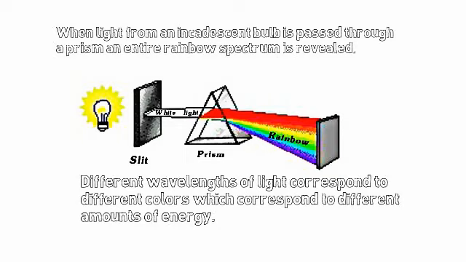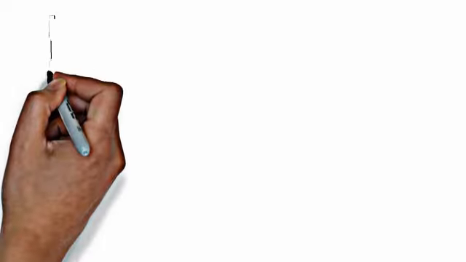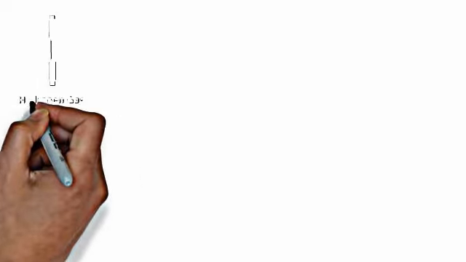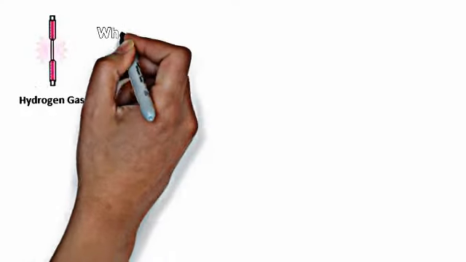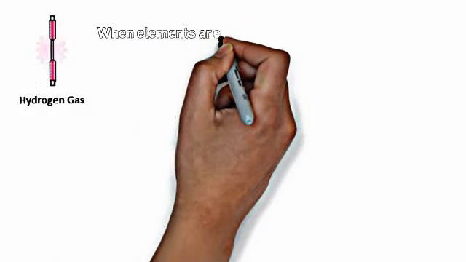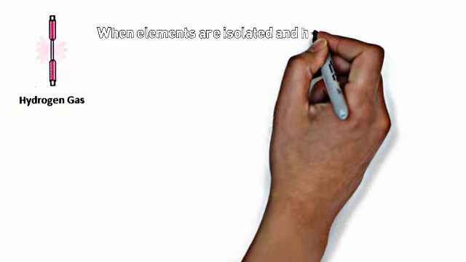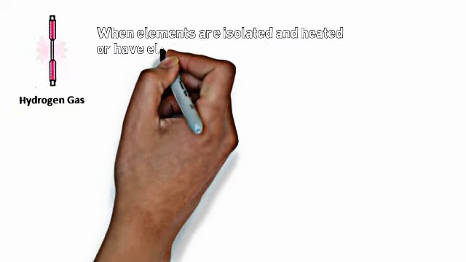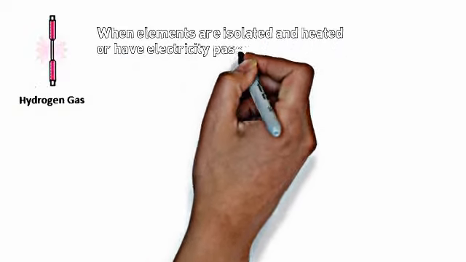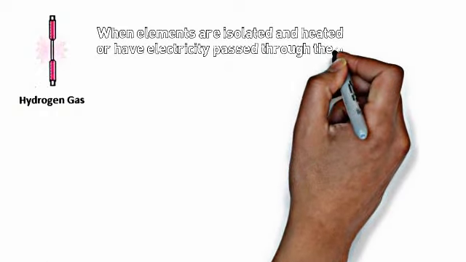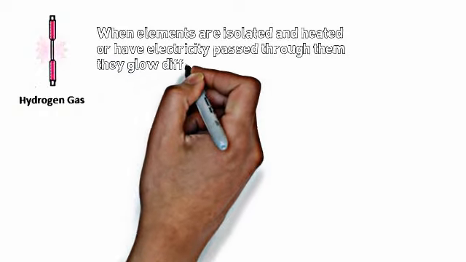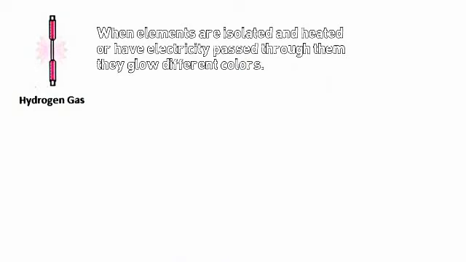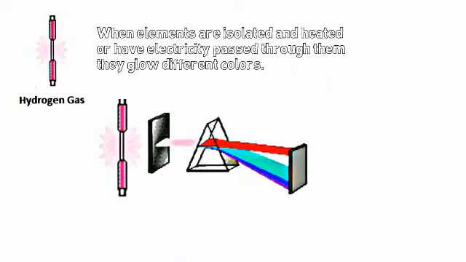He also noticed that if you look at different elements and isolate elements, and you put them in tubes and you pass an electrical charge through them, they glow different colors. You don't see white light that can be divided into the rainbow spectrum. What you see are very specific lines, as you can see here in the hydrogen spectrum.